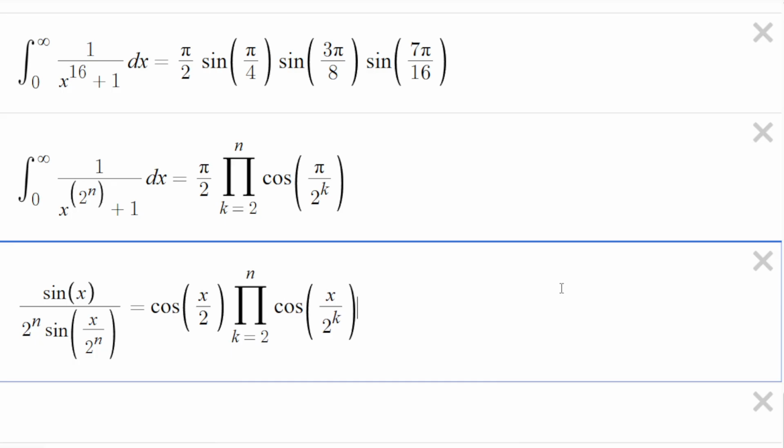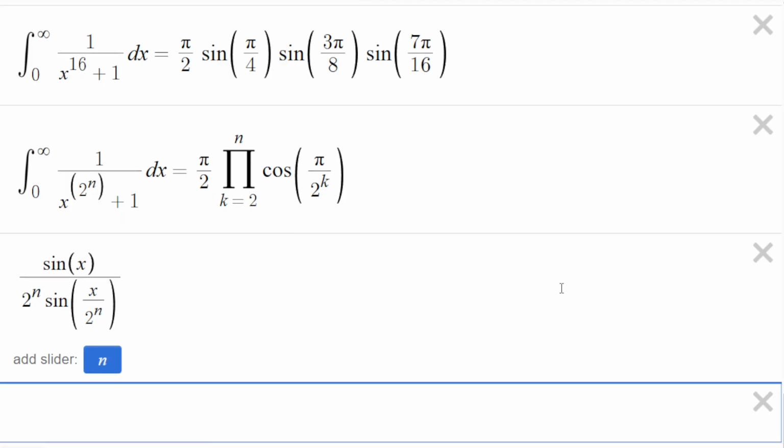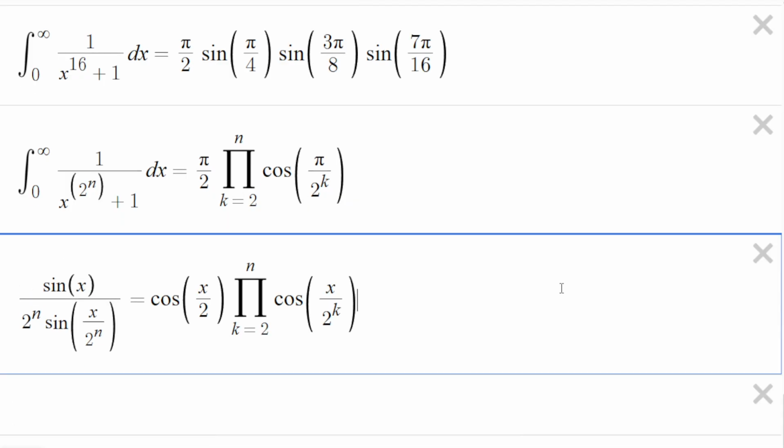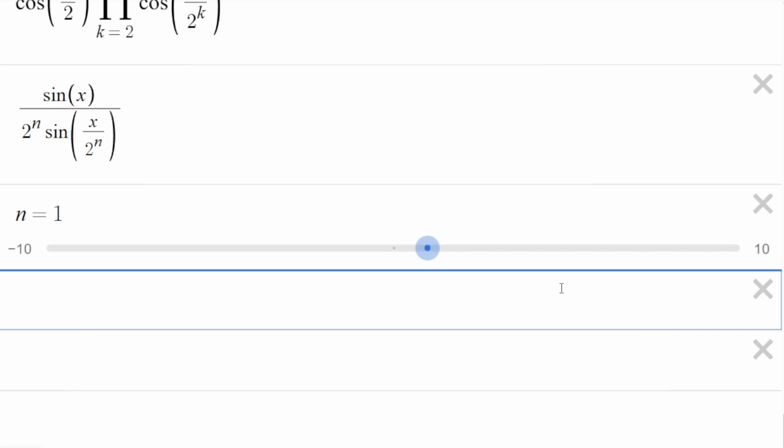And let's check it. All right, so this is a function of x, and this is a function of x, and we just want to make sure that we're on the right track. So let's plug in a value for n.